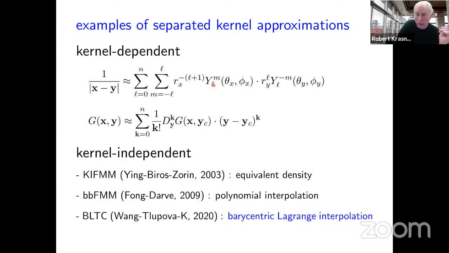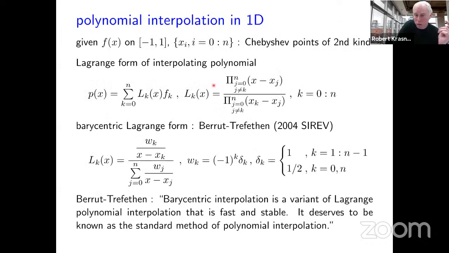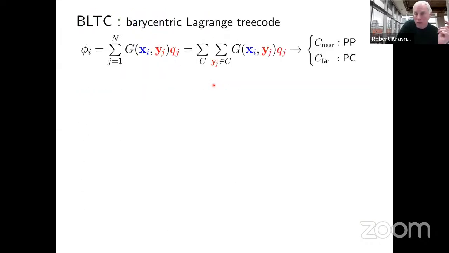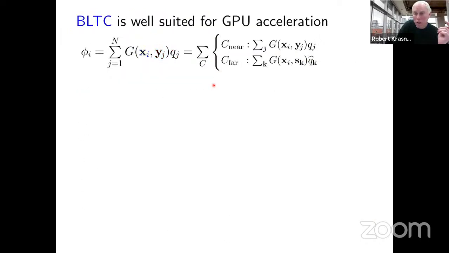On the other hand, in the approximation that we use, you can assign this for each I and K to a single thread of the GPU, and different threads can deal with different I's and K's. It's going to take the same amount of time. We don't have the thread divergence.